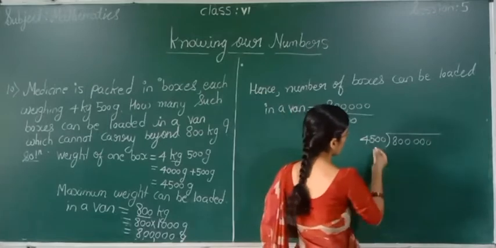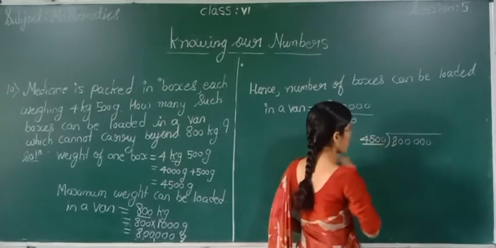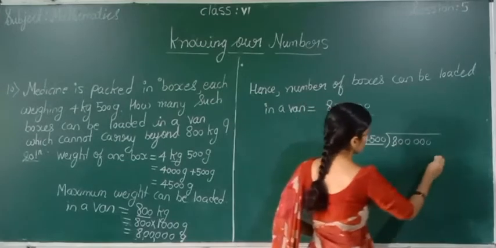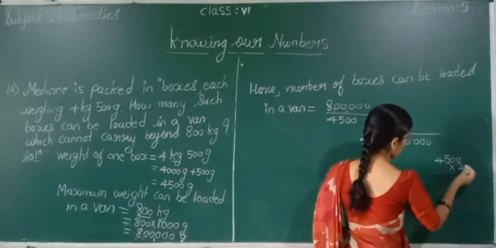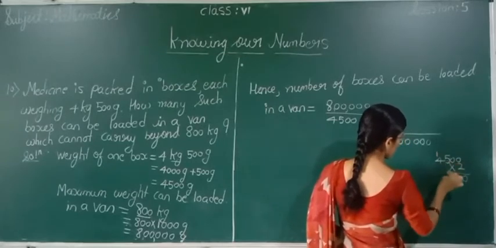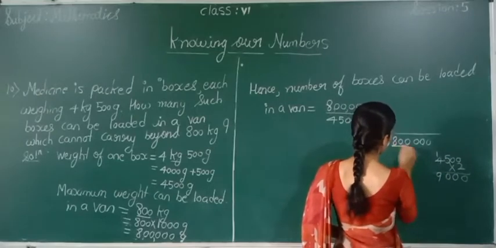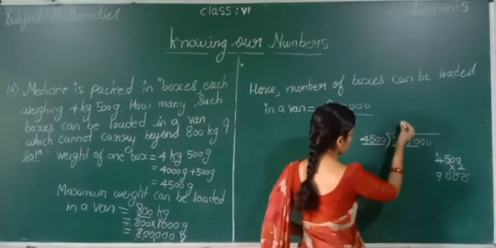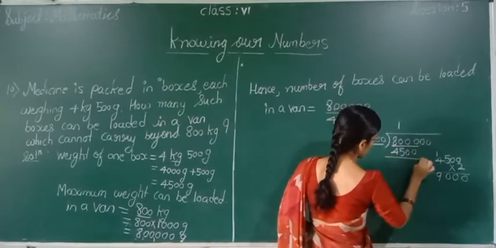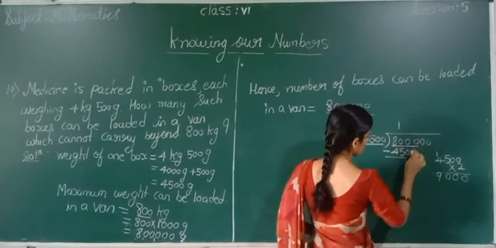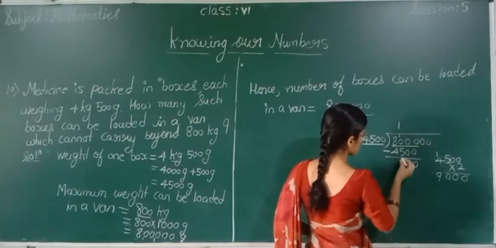Now see, 4500 ones is 4500. Now we'll see what 4500 twos are. 2 zeros are 0, 2 0s, 5 twos are 10, 4 twos are 8, 9. It will become a very big number. What will we take? 4500 ones are 4500. Do the subtraction. 0 minus 0 is 0, 0 minus 0 is 0, 10 minus 5 is 5.